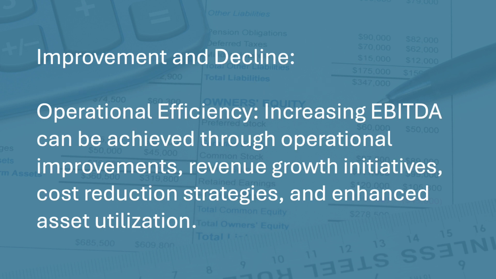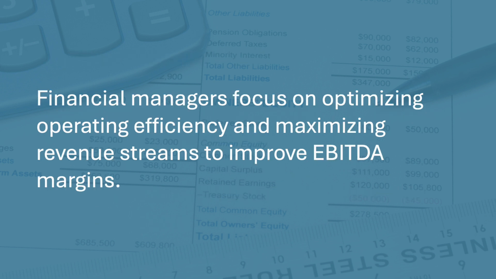Improvement and decline. Operational efficiency. Increasing EBITDA can be achieved through operational improvements, revenue growth initiatives, cost reduction strategies, and enhanced asset utilization. Financial managers focus on optimizing operating efficiency and maximizing revenue streams to improve EBITDA margins.